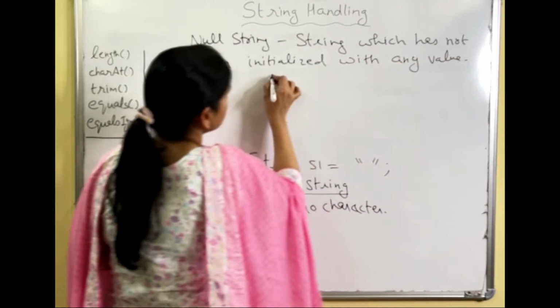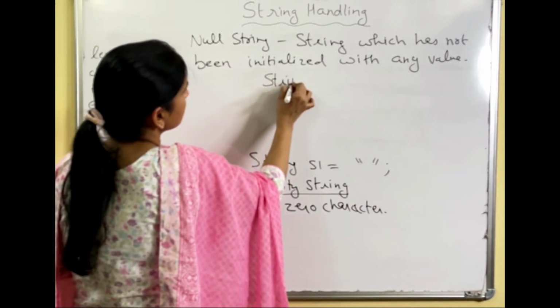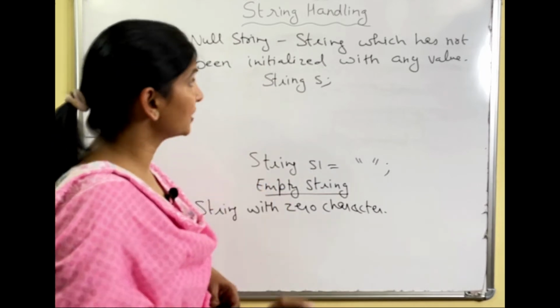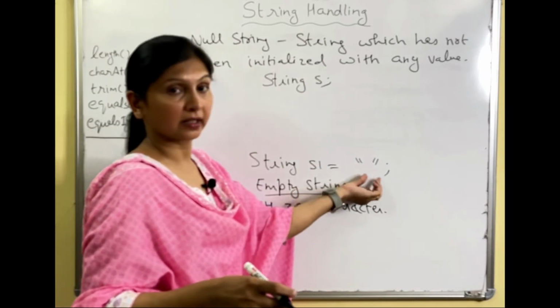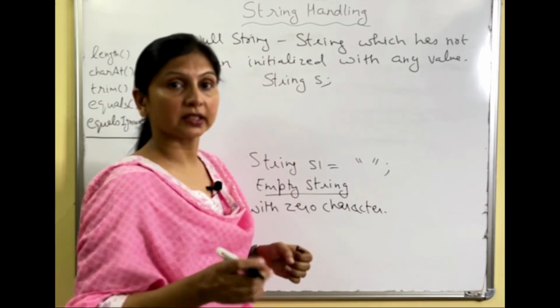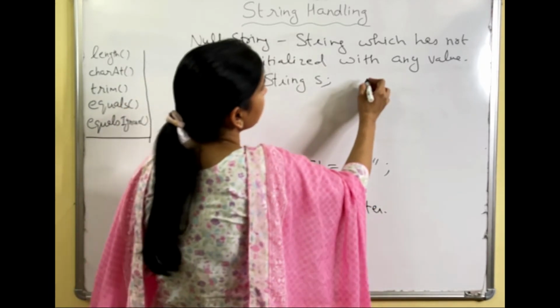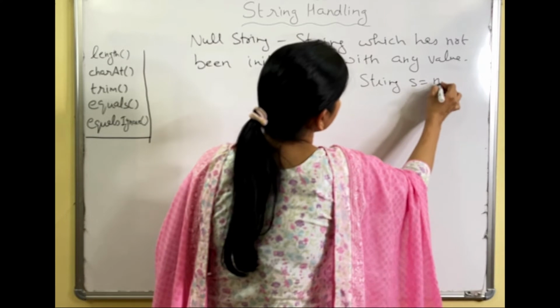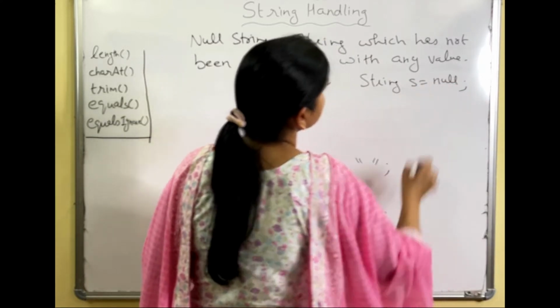For example, if I write string S, that's it. We have not initialized it even with blank. We have not initialized it with anything. Or you can write string S equals to null, right?